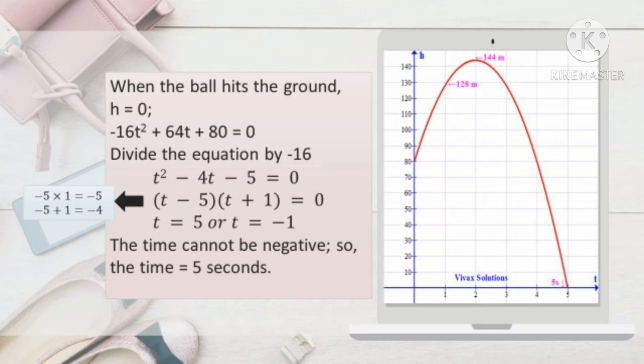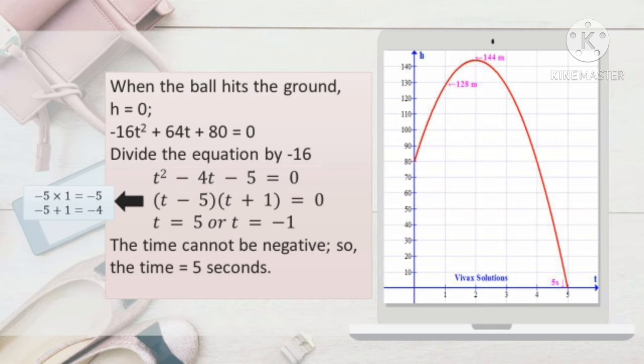Because this equation is too large, we can divide the equation by minus 16. So we get t squared minus 4t minus 5 equals 0. And we know it is a quadratic equation.